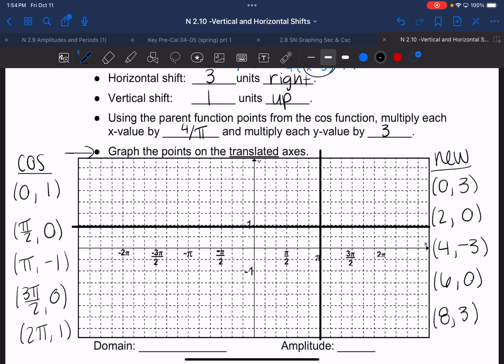So now I'm going to go plot all of these coordinate points, but I'm going to pretend that this is 0, 0 when I do that. Okay? So if that is 0, 0, then some things to keep in mind would be that 2 pi is basically like my new 3, right?